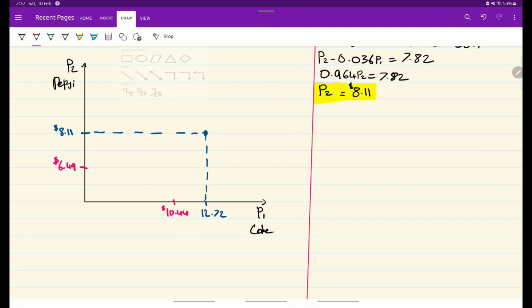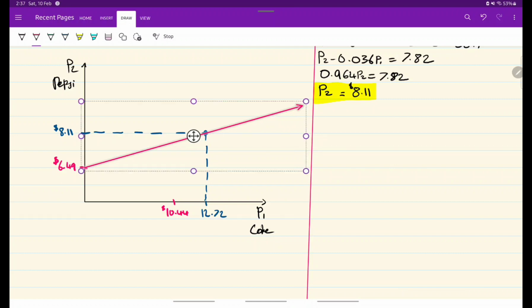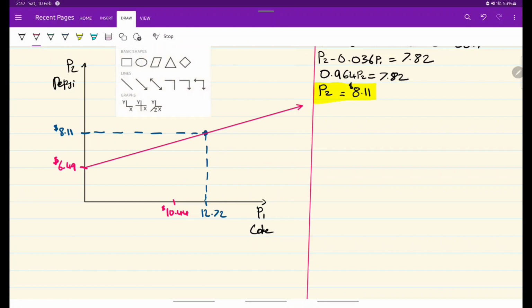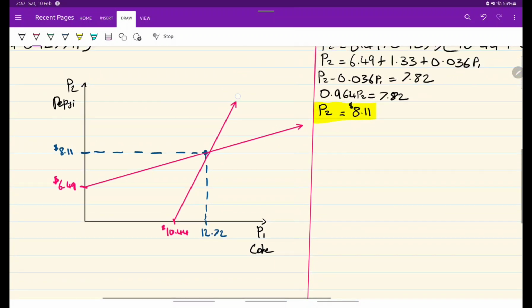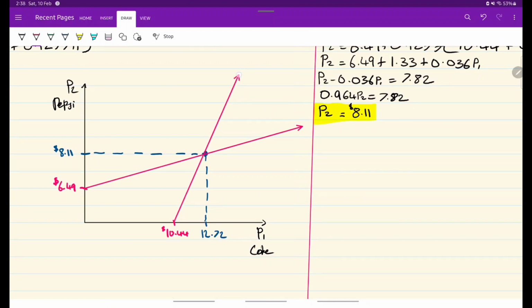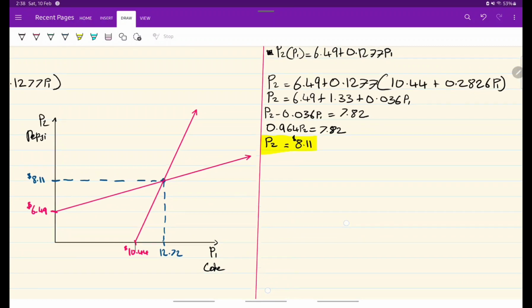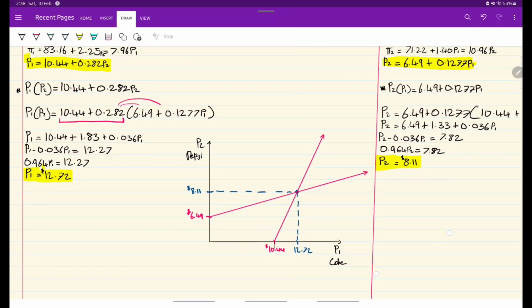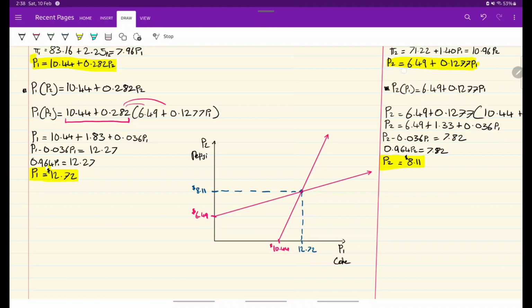And you'll have your respective lines. And there you go. So these are upward sloping because of how the response functions look.